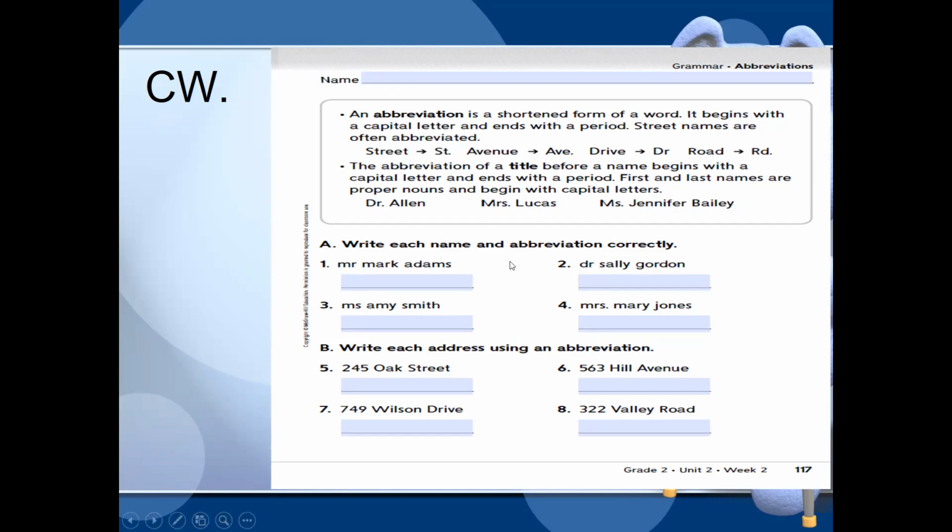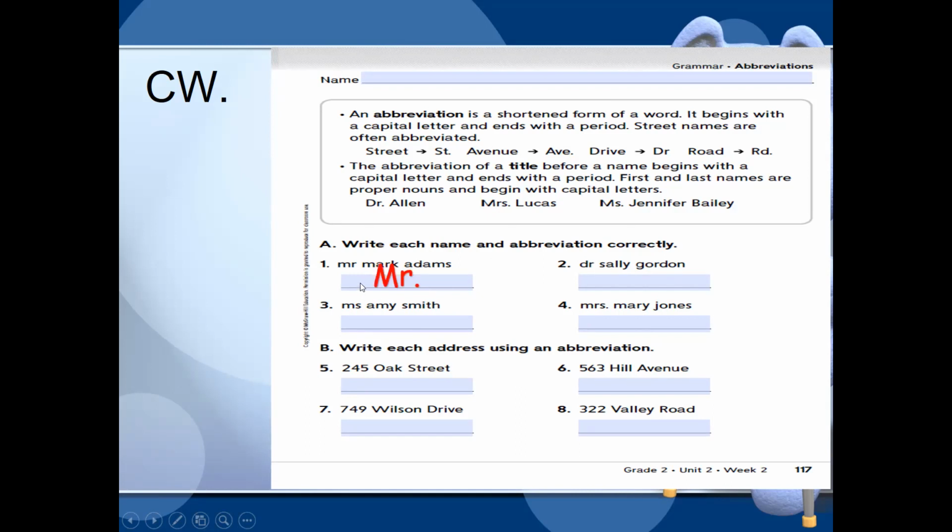Write each name with an abbreviation correctly. So I have here the names: Mr. Mark Adams, Dr. Sally Gardner, Miss Amy Smith, Mrs. Mary Johnson. Exactly.